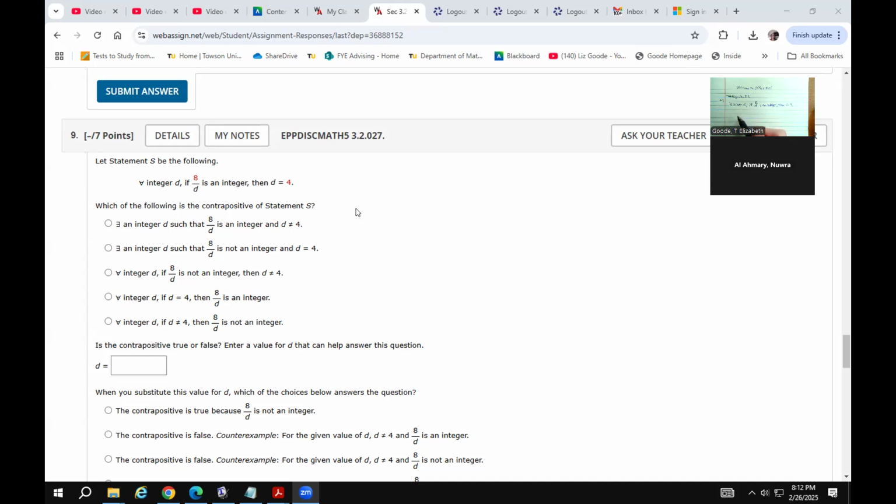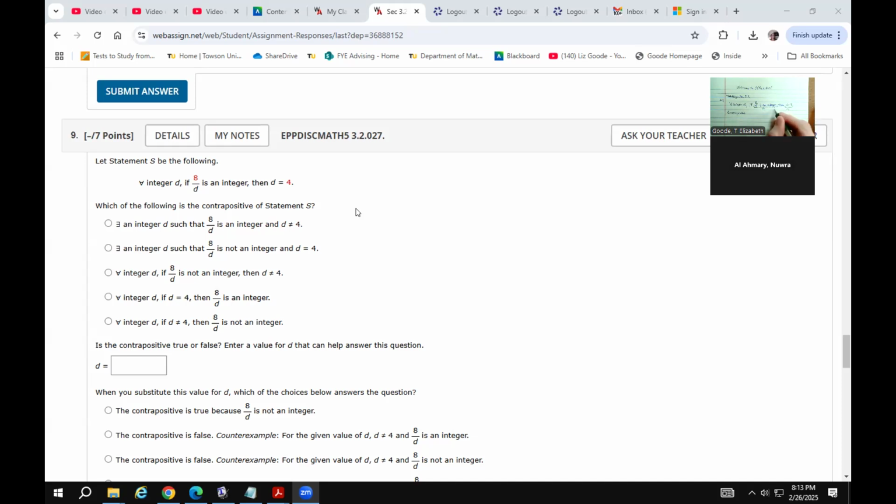So which is the contrapositive of this statement? I worked it out before I got on. I made a key. I had P equals 8 divided by D is an integer. So you let this part be P, okay? And then I had D equals 4 is Q. I like it.